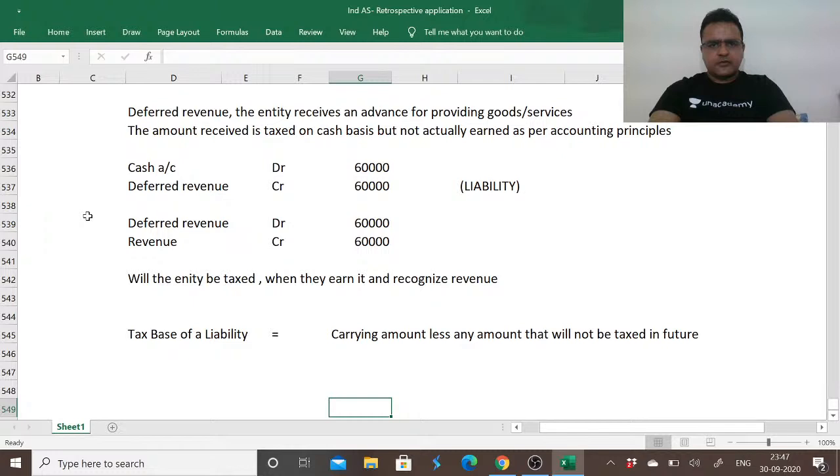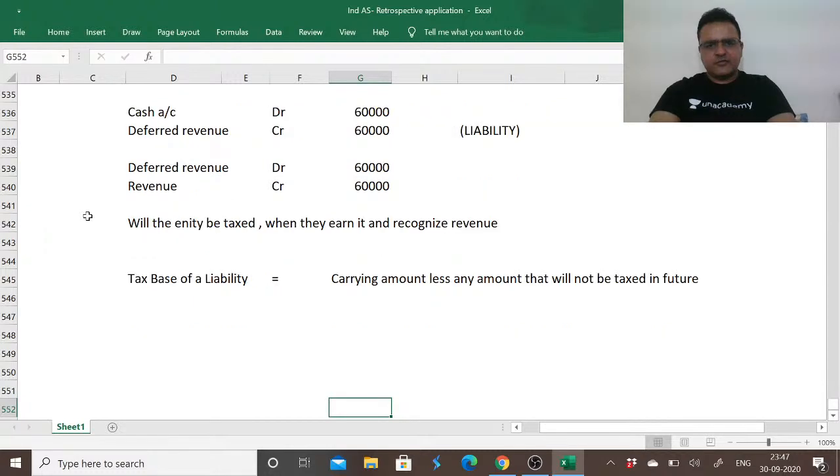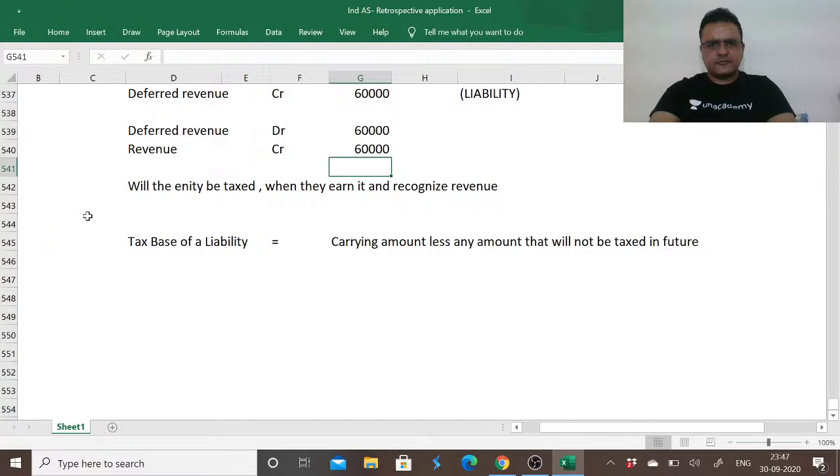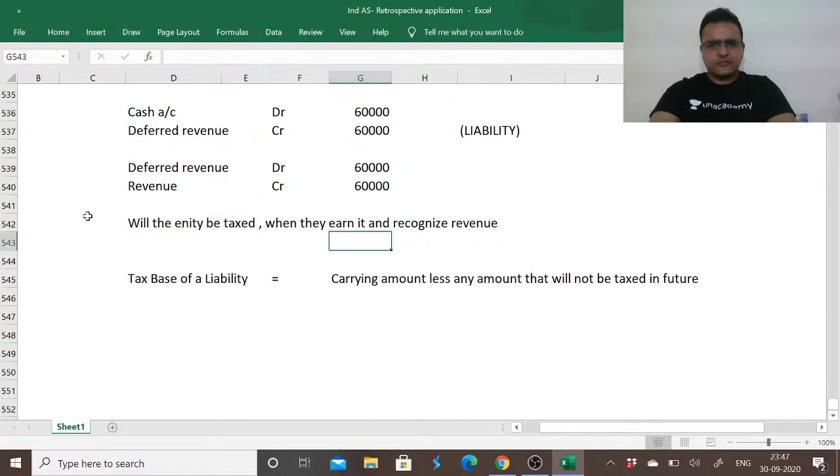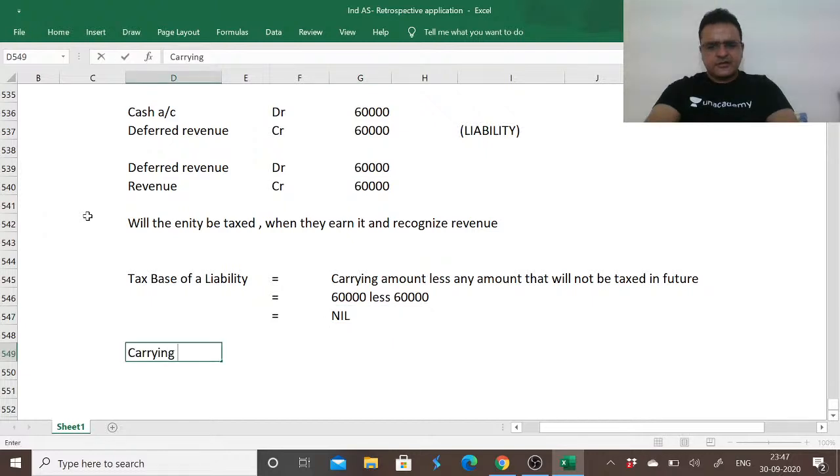Carrying amount less any amount that will not be taxed in future. Equal to 60,000 less 60,000, meaning the tax base of this liability is nil. Carrying amount of this liability in the books is equal to 60,000 deferred revenue.